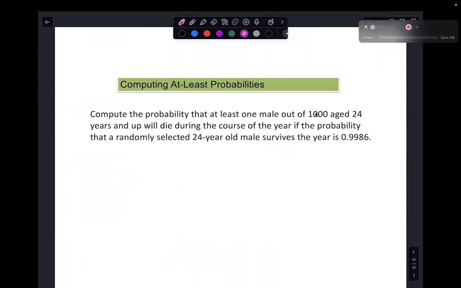Okay, so I'm going to tell you every time you see the words at least, you will use the complement rule. I'm going to write it up here because this is important. Every time you see the words at least, use the complement rule.